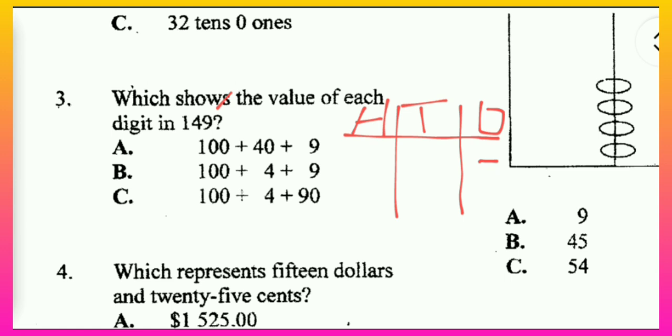Alright, now 9 is ugly, so let's go again. 9 to the back, because we're working with 149, then 4, and then 1.